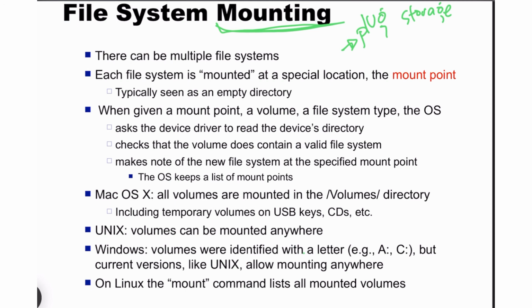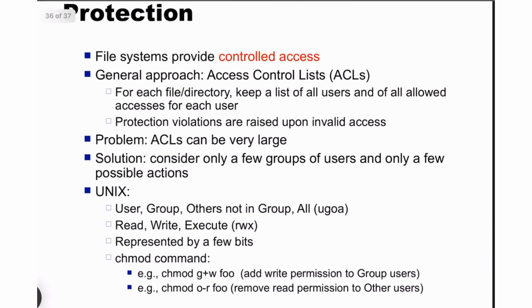In macOS, all volumes are mounted in the volume directory. Okay, in Unix, volumes can be mounted anywhere. In Windows, volumes are identified as A, B, C, D. That's why when you open your flash drive, it is letter F, letter G, letter H. On Linux, the mount command lists all mounted volumes.